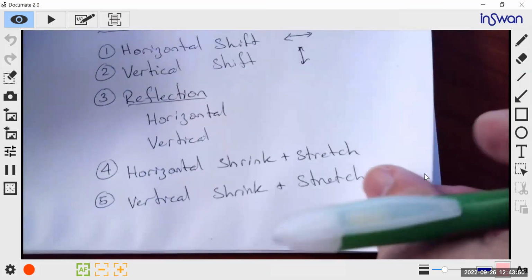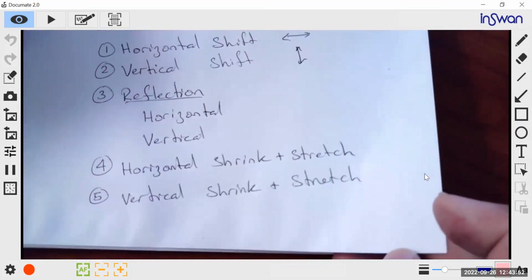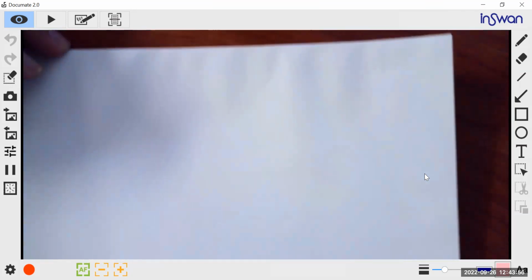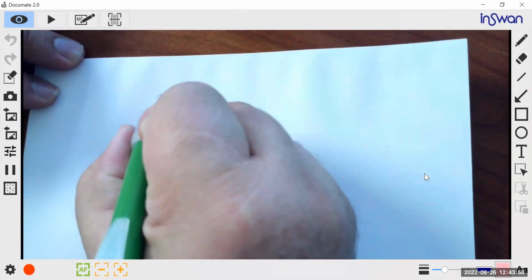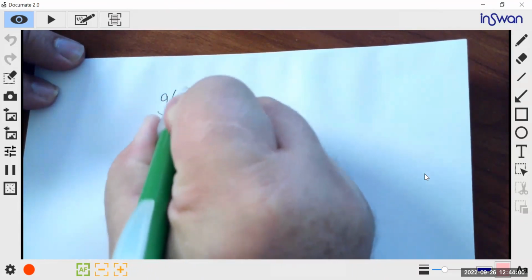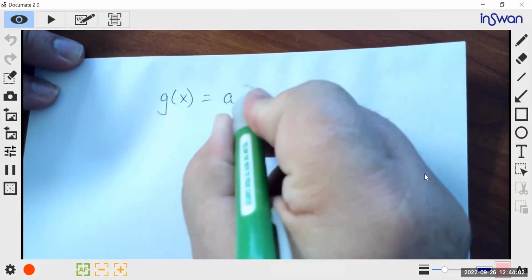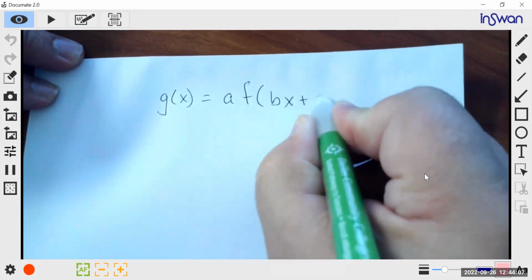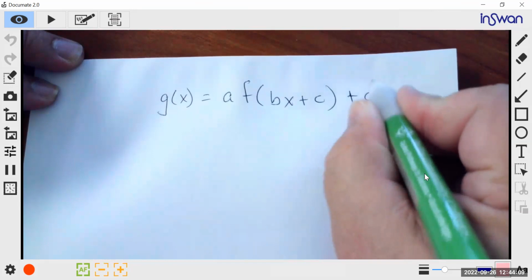Now, when does all this stuff happen? All this stuff happens to this function. g of x equals a f of bx plus c plus d.